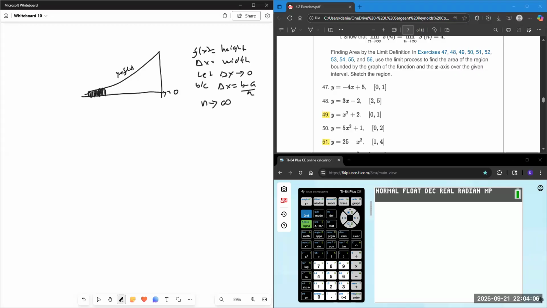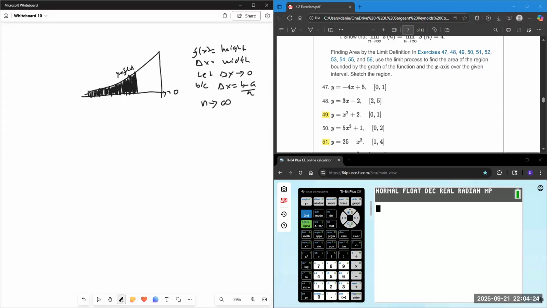So I essentially am just going to get shading under the curve like this, where it just colors in everything with all of those infinite rectangles, and it's going to give me the exact area when I can do this.